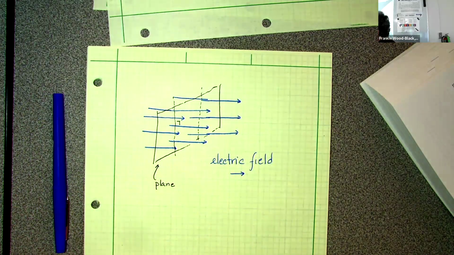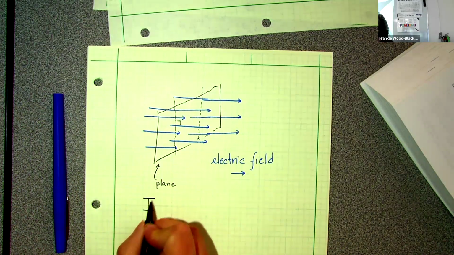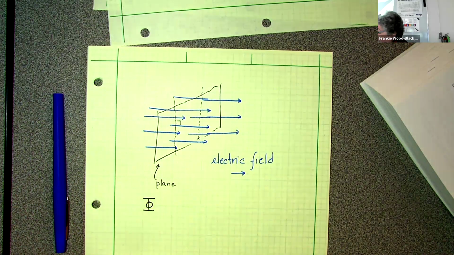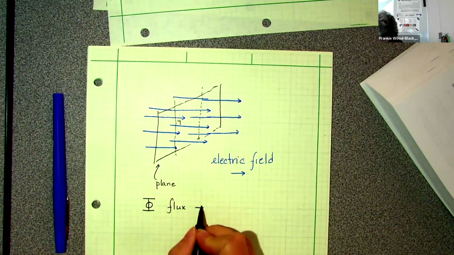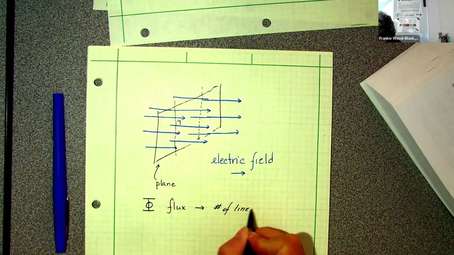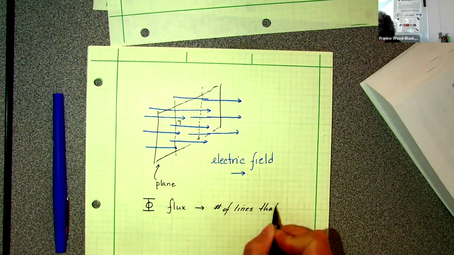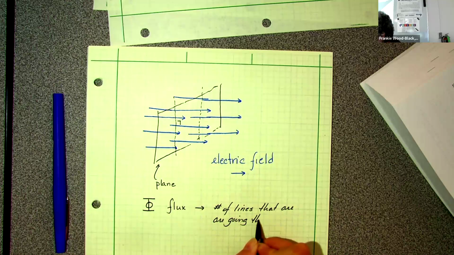What we're going to do is define our flux. We're going to use this big capital Phi, and this is going to be flux. Really what we're looking at is the number of lines that are going through the area of the plane.